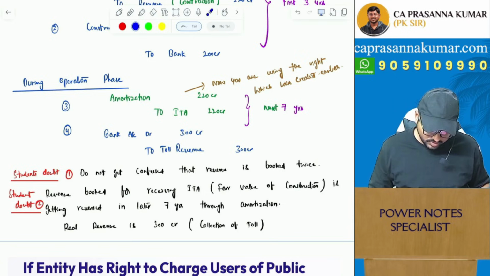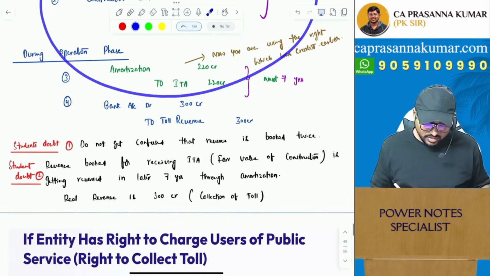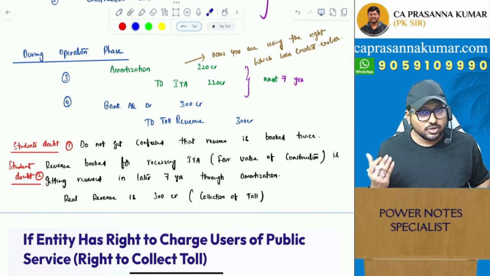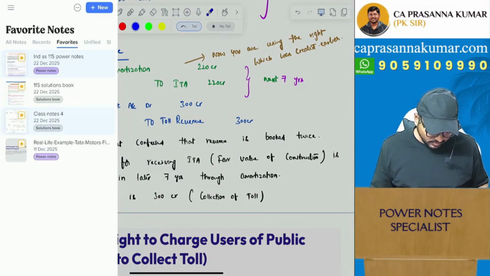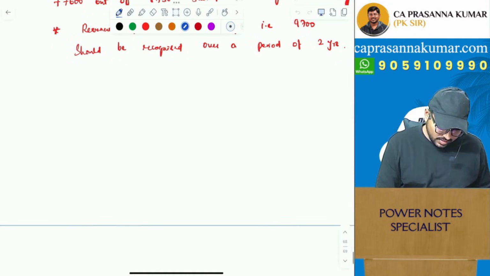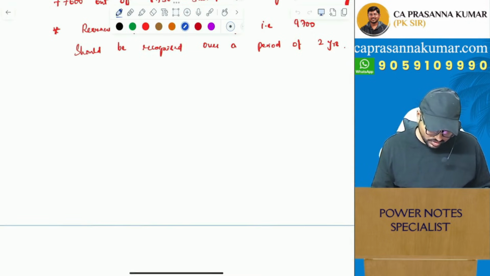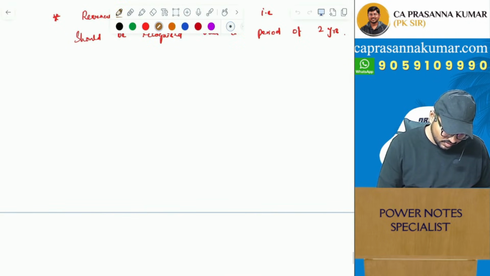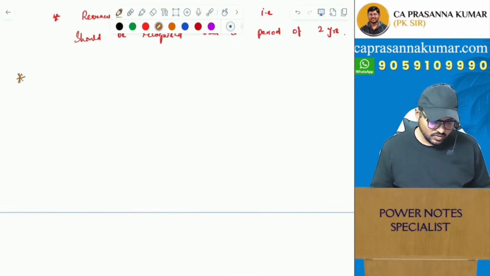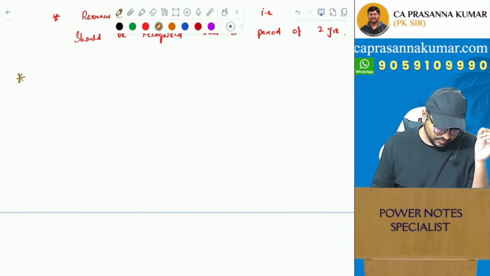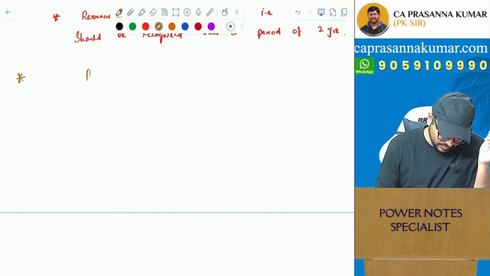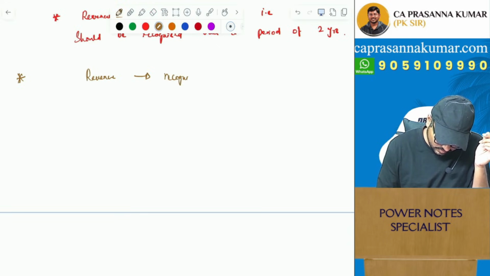Now, to understand this, take only the second case where government gives you the right to collect toll. Step by step we'll go. So I want you guys to focus. First of all, is revenue being recognized twice?